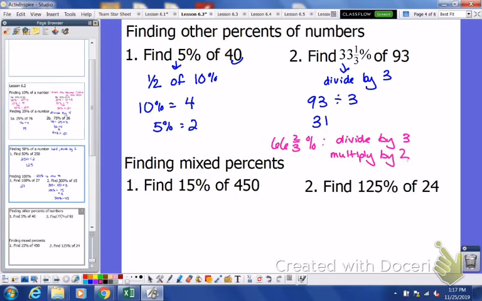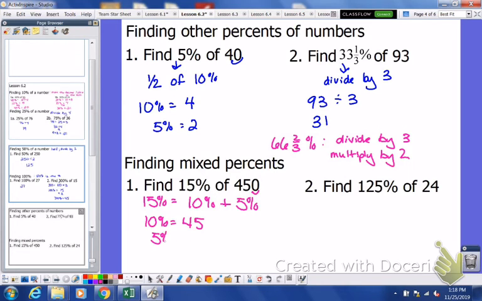Okay, last up, we have some mixed percents. So we can take any of the rules that we just did and combine them to find a mixed percent. So if we asked you to find 15% of 450, so 15% would be 10% plus 5%. So our 10%, move that decimal once, is 45.